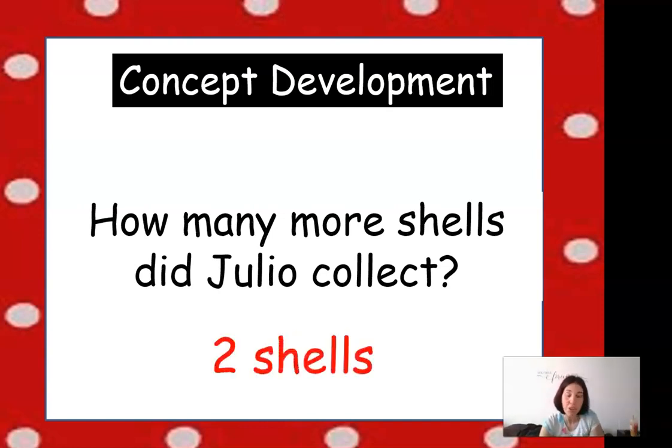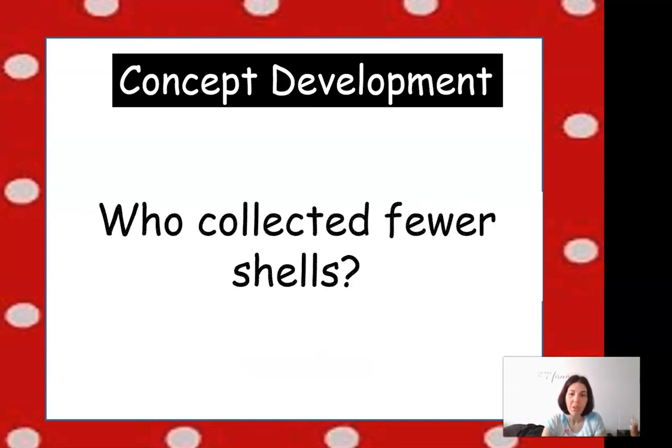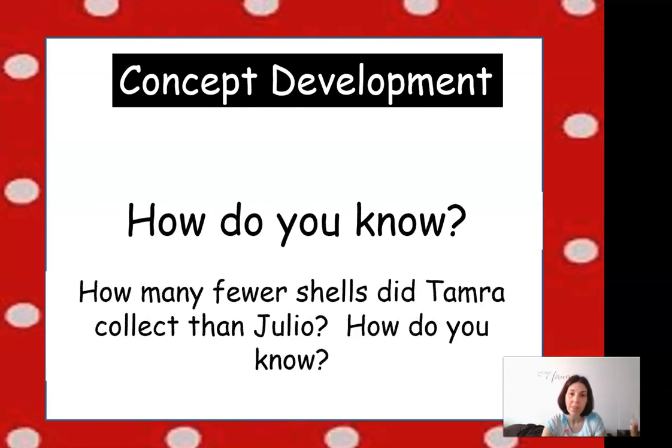Julio collected 2 more shells. Who collected fewer? Tamra, she collected less. Her number was smaller than Julio's number, so that's how we know. 9 is smaller than 11.